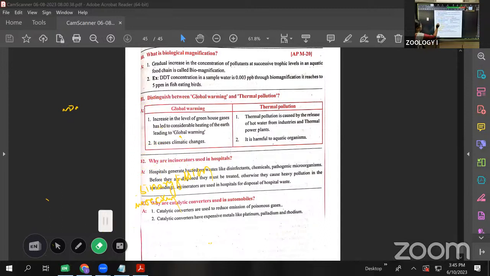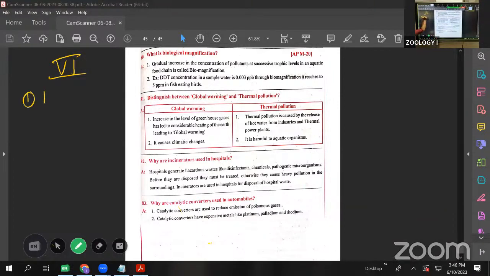I am giving only the most important ones from the sixth lesson, biology in human welfare. The first one is parasitic adaptations. Second is opioids.